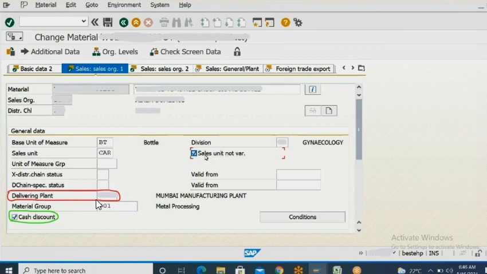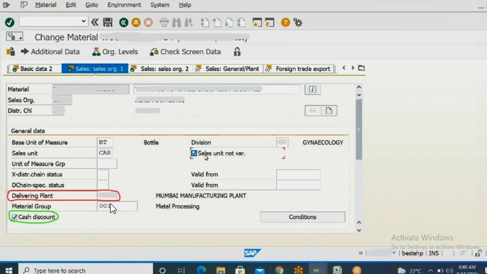Next, delivering plant. If you maintain plant here, then it will be determined into the sales document. The criteria to determine plant into the sales document we discussed in previous videos. I told you this is one of the important interview questions.